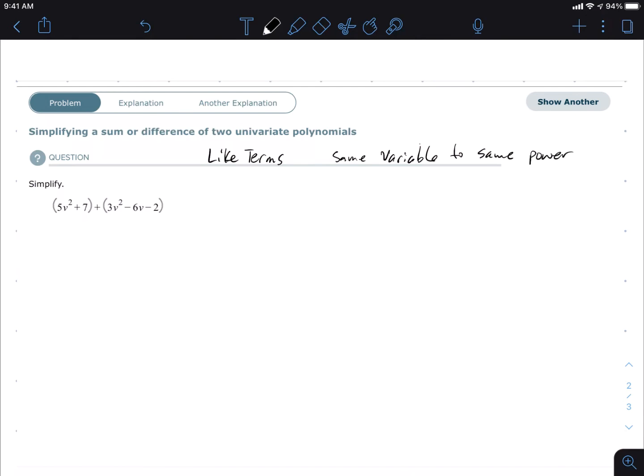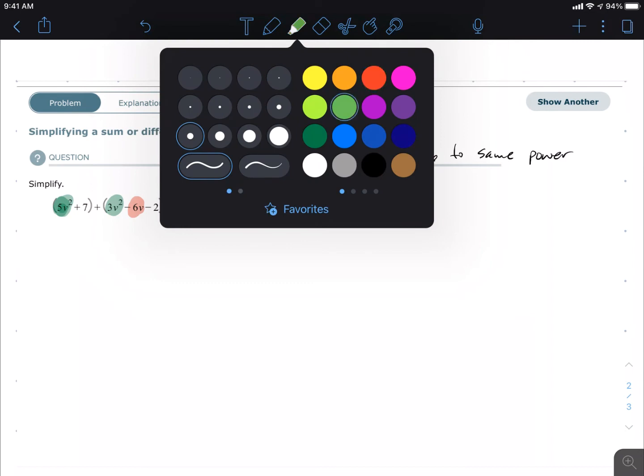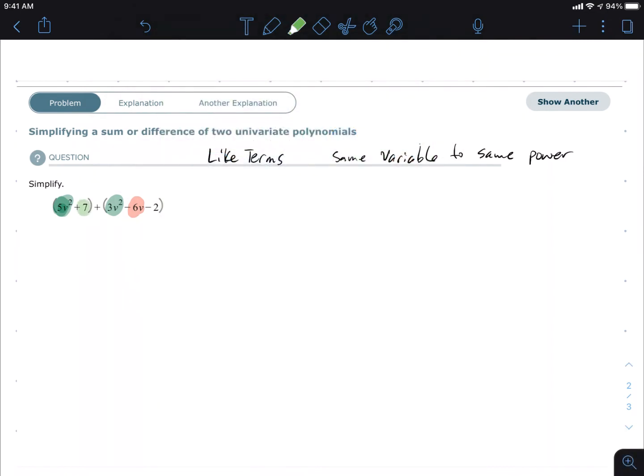One thing that I used to do when I was a kid, so I wouldn't get these wrong, I'd look at all of them that were the same variable to the same power, and I'd highlight them. Negative 6v doesn't have anything else, and then I'd have my constants like this. That way it was obvious to me.